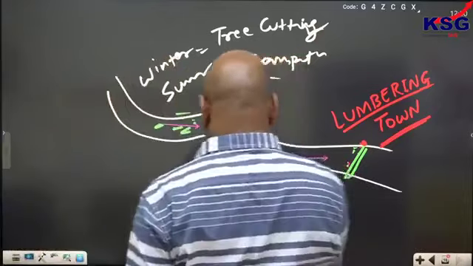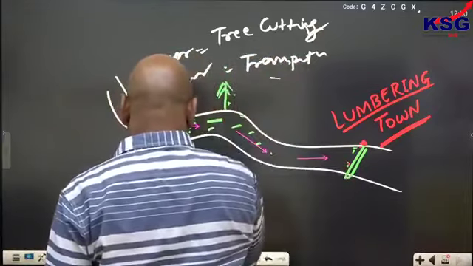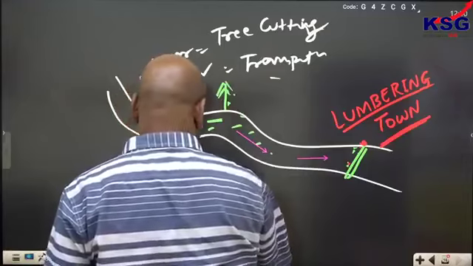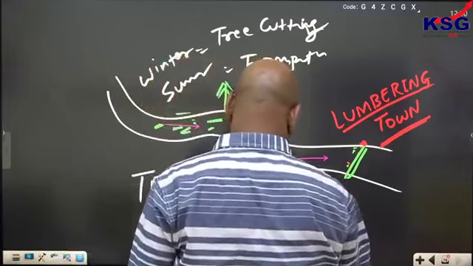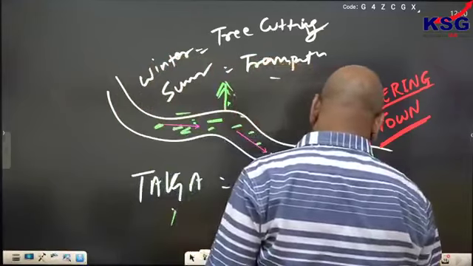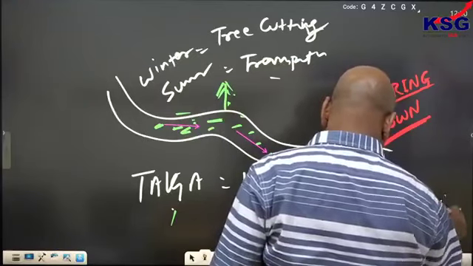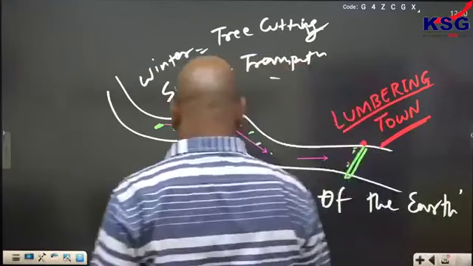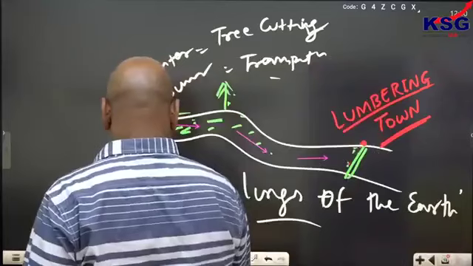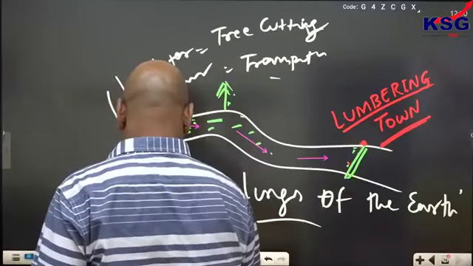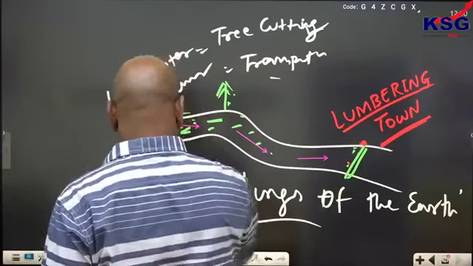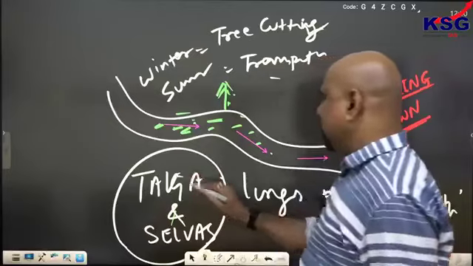Let me tell you, this taiga vegetation is called the lungs of the earth. Two areas are the lungs of the earth: taiga and selvas, the equatorial rainforest, if you remember.